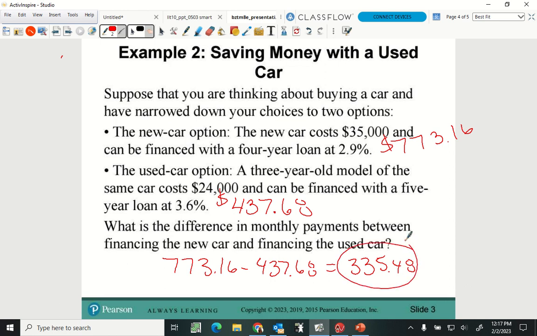So by choosing the used car option, you are saving this much a month. If you can't make the payments on the bigger one, even though the $35,000 might end up being a better deal, you would save that much on the used car.